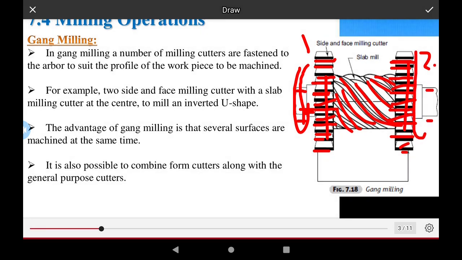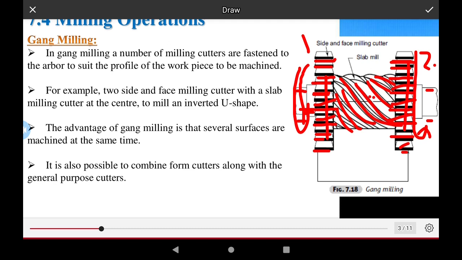Gang milling operations are very powerful, and work is performed by the tools together. For example, two side and face milling cutters with a slab milling cutter.